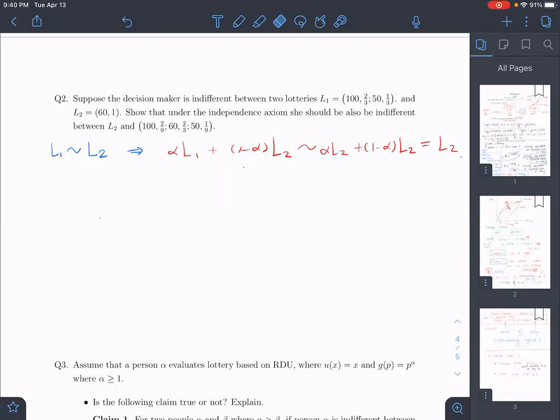And how do you have this relationship? It's coming from the independence axiom.